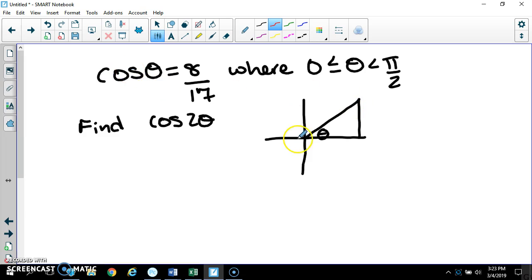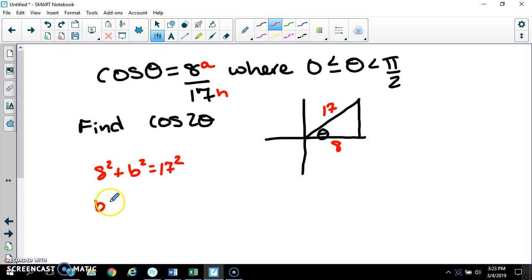So I'm going to put this in here. Cosine is adjacent over hypotenuse. So here's my adjacent and here's my hypotenuse. So I've got 8 and I've got 17. What I need to do is find the missing side here. I'm just going to use the Pythagorean theorem. I've got 8 squared plus b squared equals 17 squared.